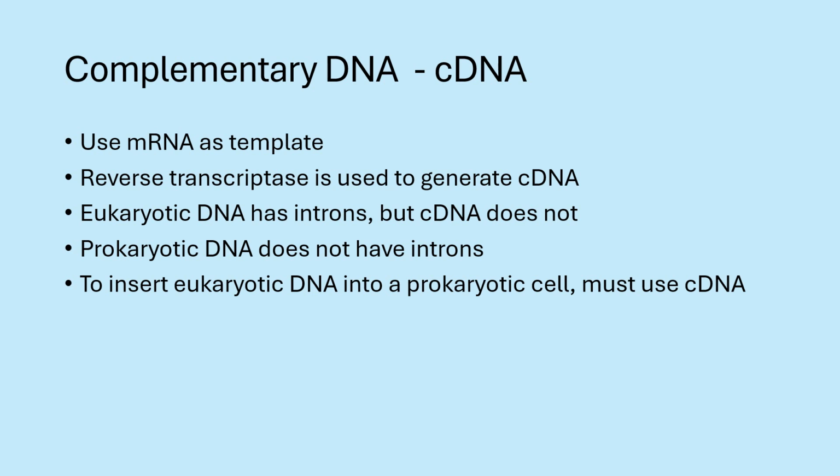Then you take that mature mRNA and you use that as a template and work backwards by using reverse transcriptase to generate your complementary DNA, your cDNA. That DNA does not have the introns in it. Now you can put the cDNA into a prokaryotic cell and bingo, you're going to get production of your product. You will get expression of it.